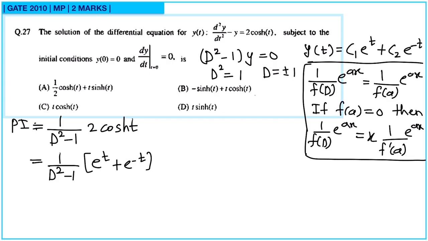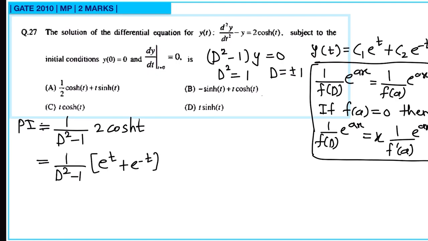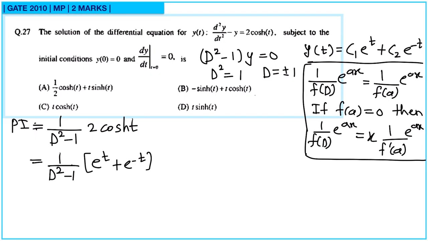Now if I put a as 1 and a as minus 1, its square will be 1, and 1 minus 1 is 0. So it is coming out to be 0. That means f of a is 0, so we have to use this second one. So take the derivative. This will be 1 upon 2d, that is the derivative, and this t here operated on e raised to t.